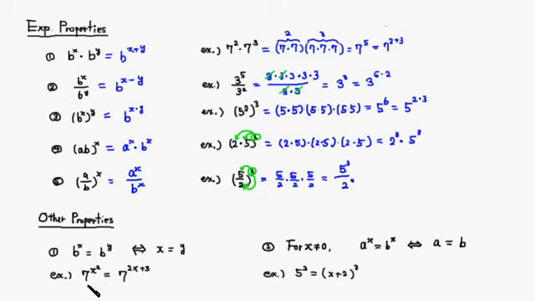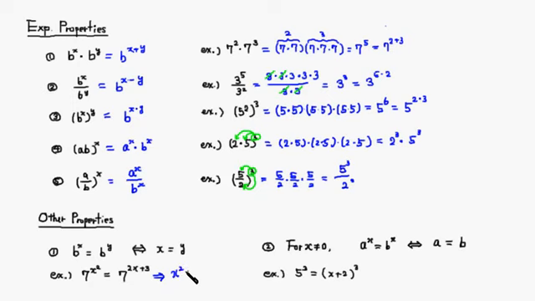Here's an example. If you have 7 to the x squared is equal to 7 to the 2x plus 3, then what can you say using this property? The quantities are the same on both sides, and they are exponential functions of the same base, which means that the powers must be the same.